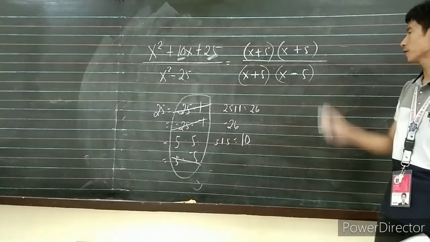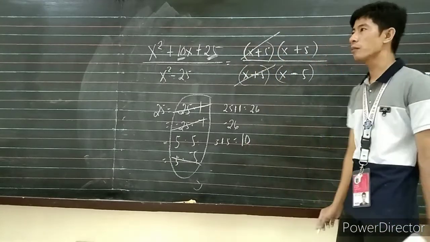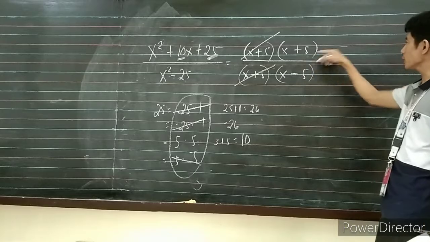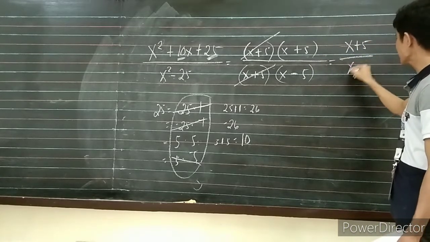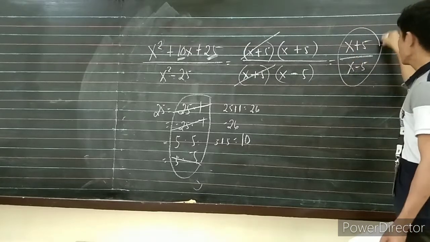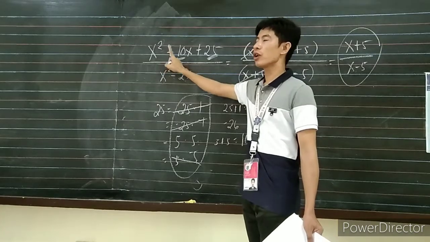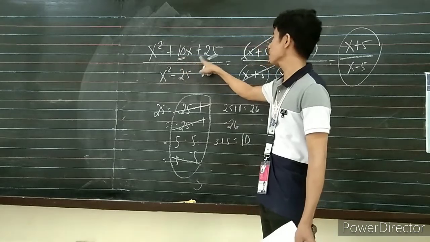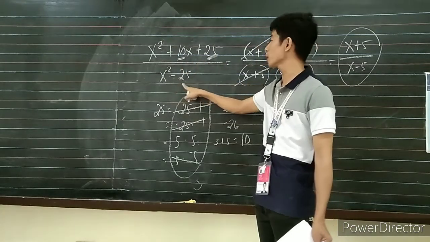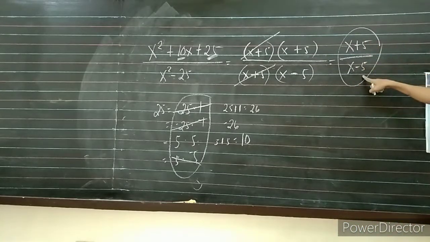So that is the factored form. The next step is to cancel out the common factor. What is left in the numerator is x plus 5, and in the denominator is x minus 5. Therefore, the simplified form of the rational algebraic expression x squared plus 10x plus 25 all over x squared minus 25 is equal to x plus 5 over x minus 5.